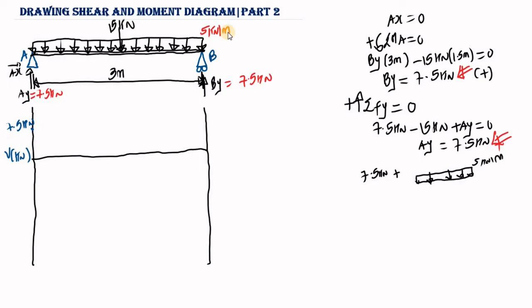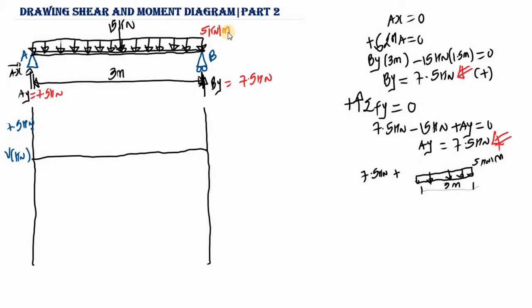Now, if we have a distributed load of 5 kilonewton per meter, what we are going to do is take the area of this distributed load, that is the area of this rectangle. The length is basically 3 meters. So it is 5 multiplied by 3, which gives us 15 kilonewton.